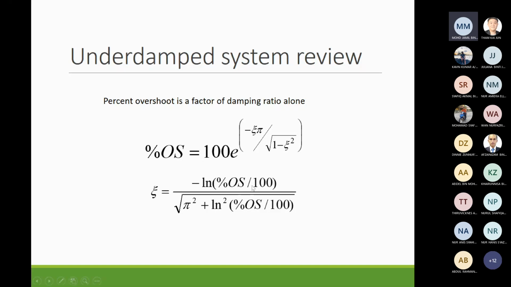On second order system, we can calculate the percent overshoot using this formula: percent overshoot equals 100 times exponent of negative damping ratio times pi divided by square root of 1 minus damping ratio squared. Then you can also find the damping ratio by using this formula.